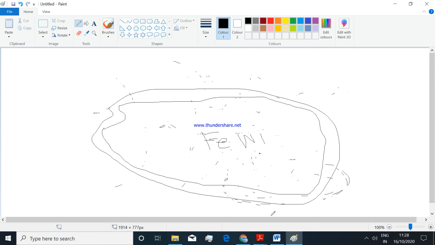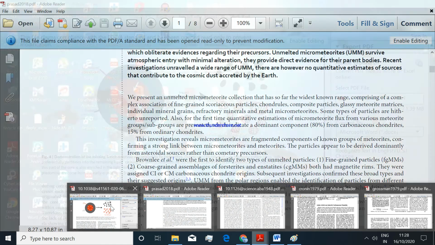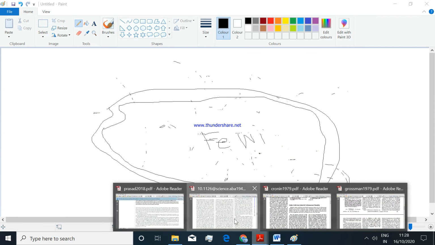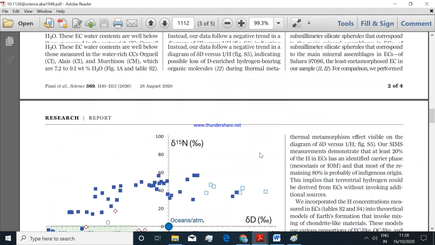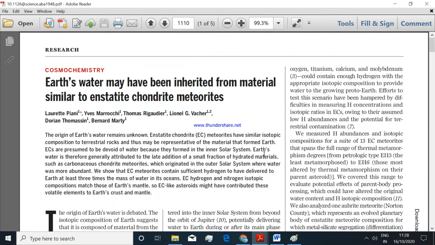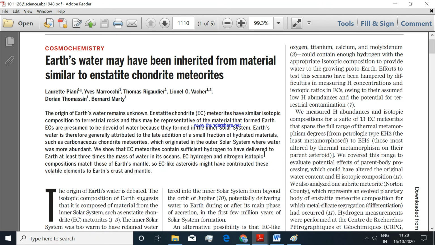Now this is important because whenever you are going to judge any type of scenario before the generation of the Earth in the solar nebula, you will have to consider these things.